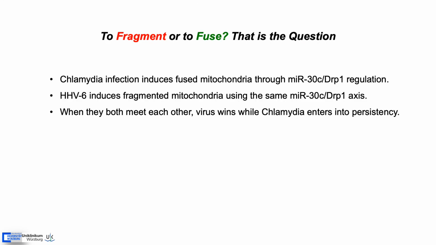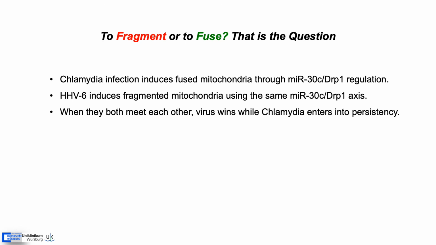Hopefully, I managed to raise a very unique question here: to fragment or to fuse? This characteristic feature of mitochondria is crucial to the survival of pathogens. I showed you here that Chlamydia infection induces fused mitochondria through microRNA 30c DRP1 regulation.